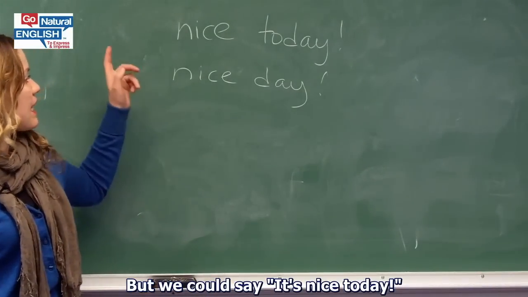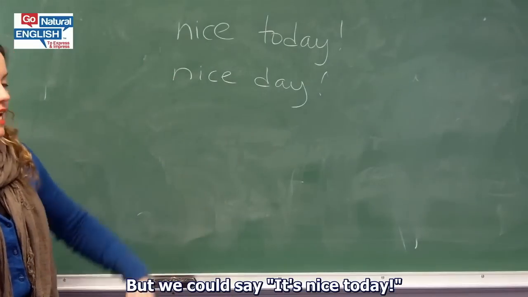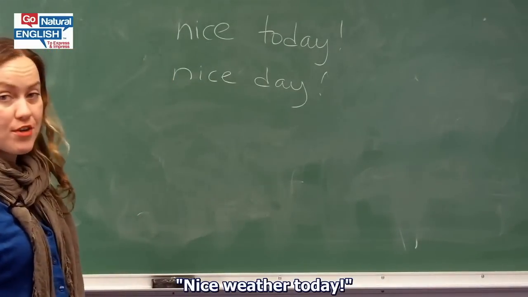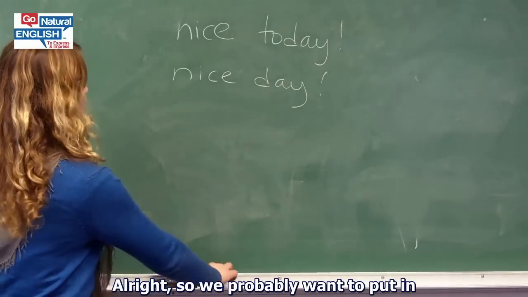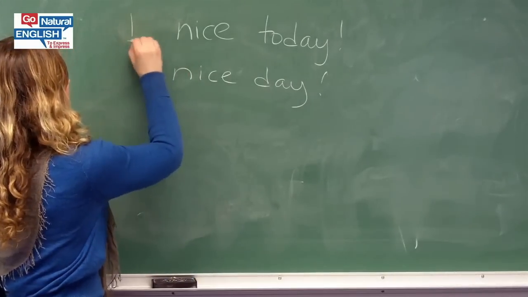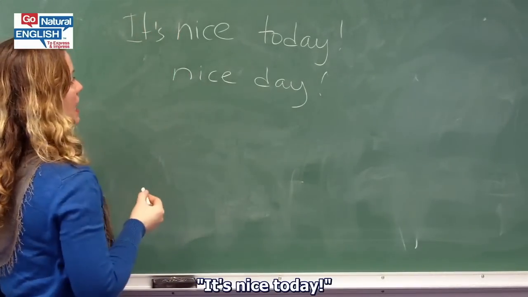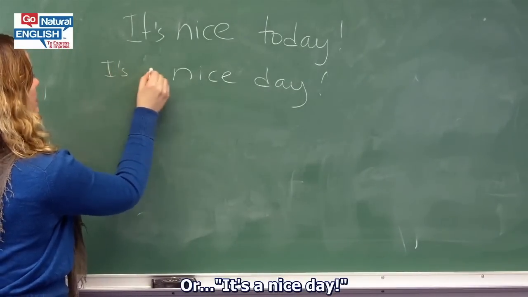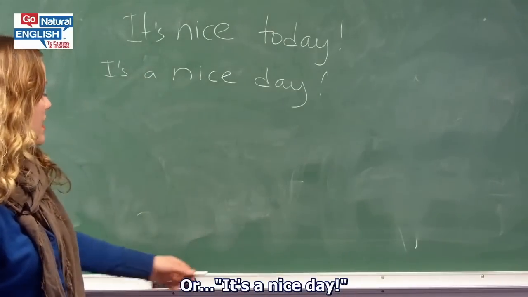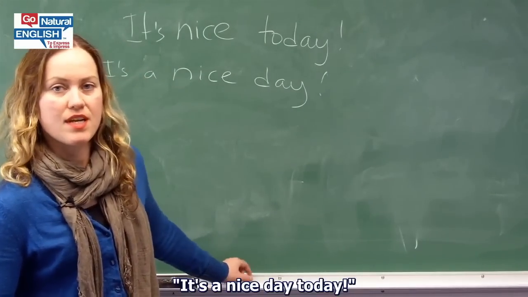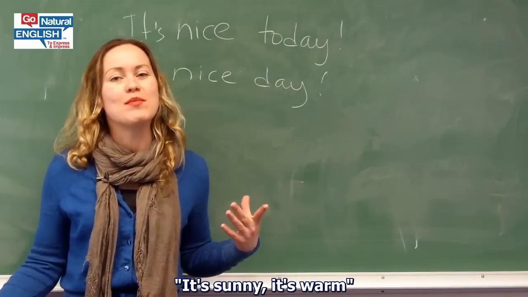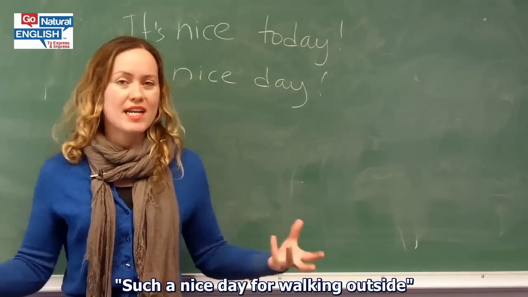But we could say, it's nice today, or, oh, nice today. Nice weather today, all right? So we'd probably want to put in, it's nice today, or it's a nice day. It's a nice day today. It's sunny. It's warm. It's such a nice day for walking outside.